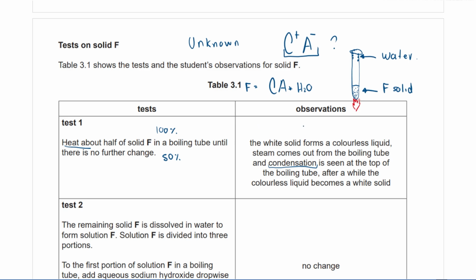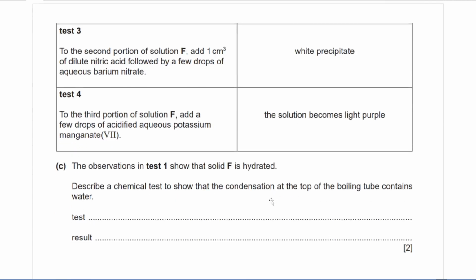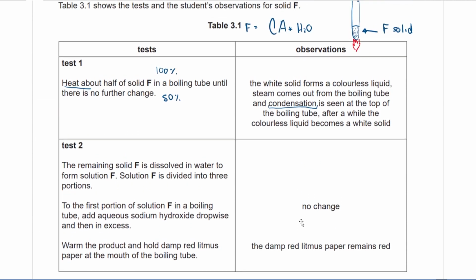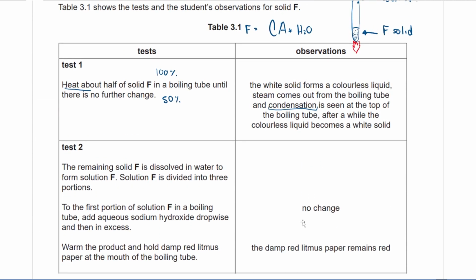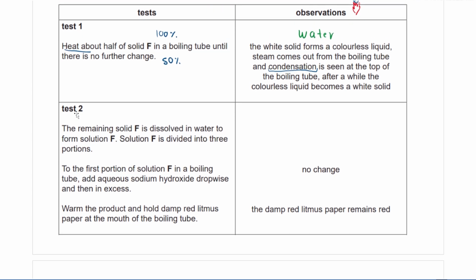So what can we conclude? We have the questions here, but I'm trying to show you what information you can get from here. So the observation or the conclusion of test 1 is that our compound has water. Now we have to do test 2.